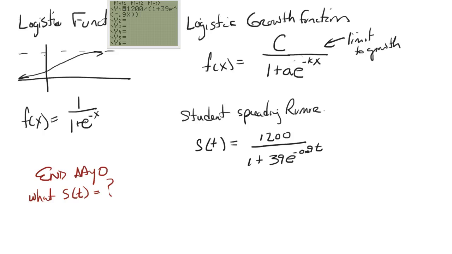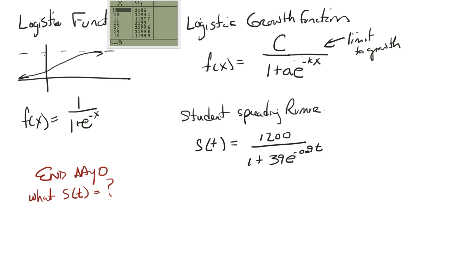And so that 1200 is like the top. So I'm going to do my window. If you look at the values, we could look at the table just to get a ballpark. So 7 days is 1,100 people, 1186, 1197, 1199, right? And that 1200 is our horizontal asymptote. So when do you get really close to that 1200?